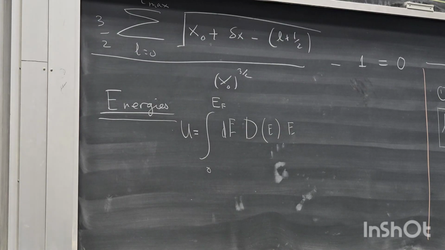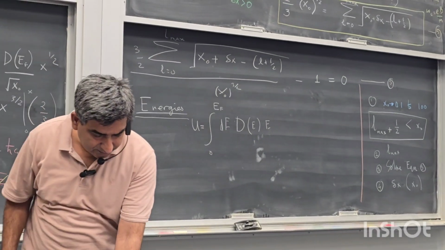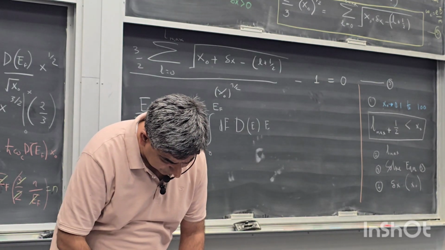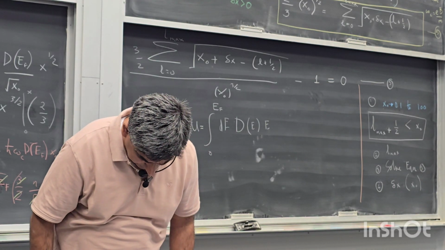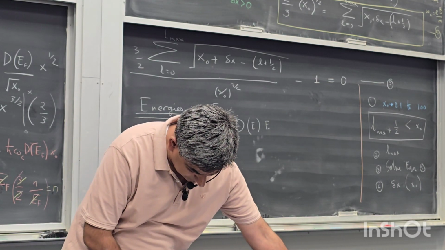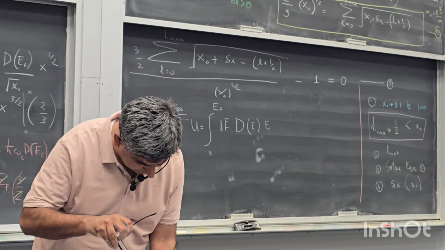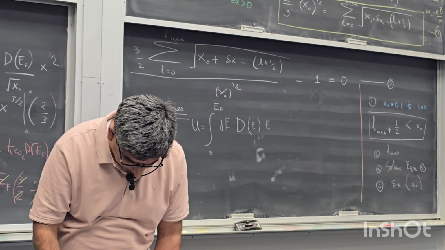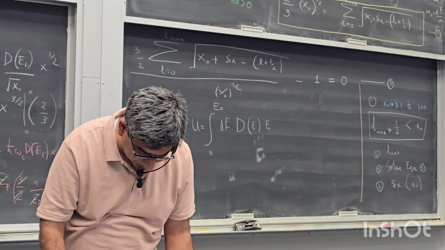And I can put this in terms of x as well. Just specifically, upper limit must be the Fermi energy. Yes, because this is in the absence of a magnetic field.